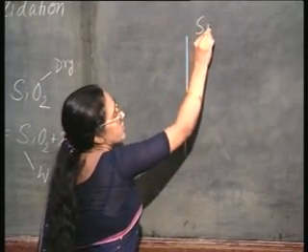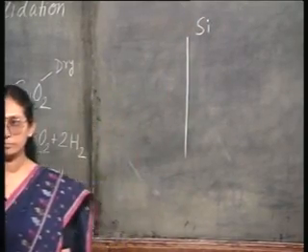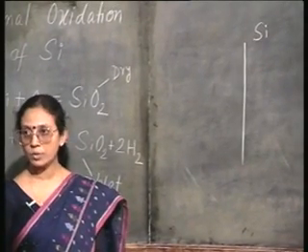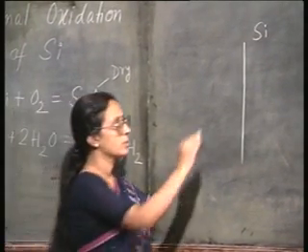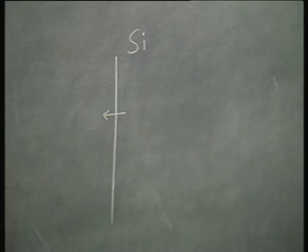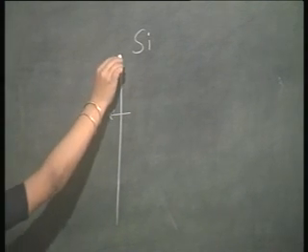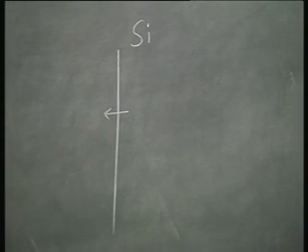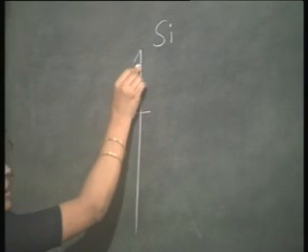On this side is my silicon. So, you see when the oxide is growing, there are two possibilities. One possibility is silicon can move out and react on the outer surface, that is to the left of this interface, and the oxide can grow like this.